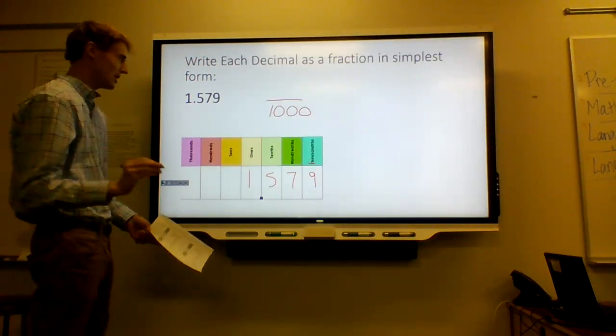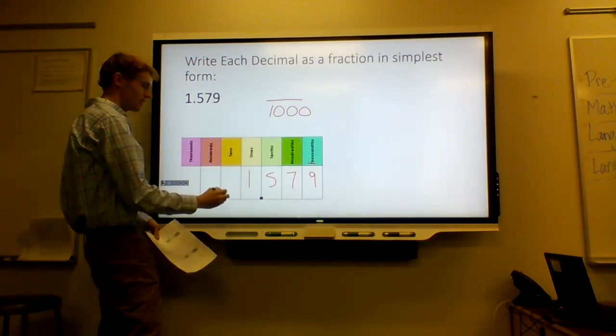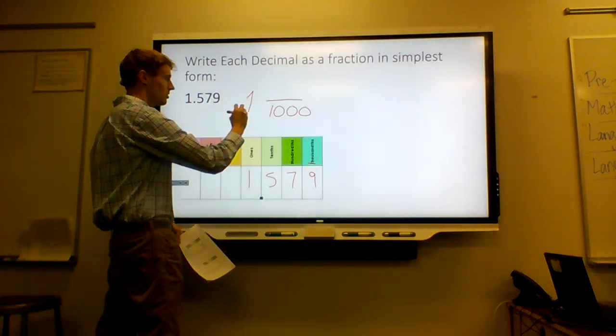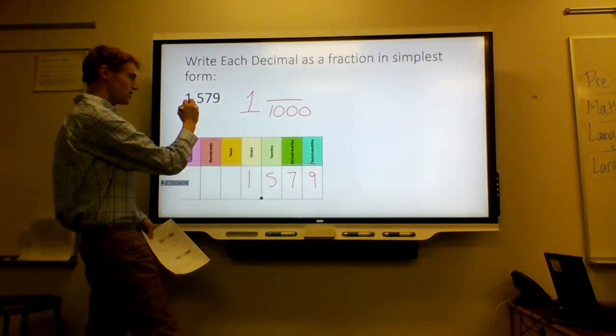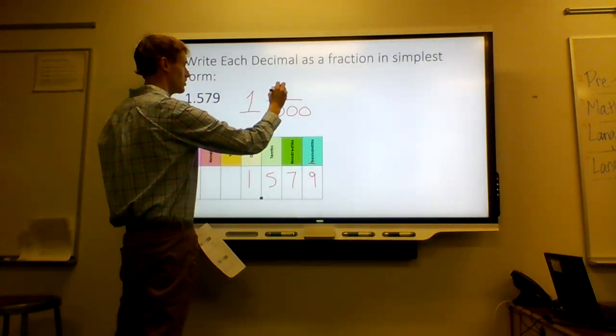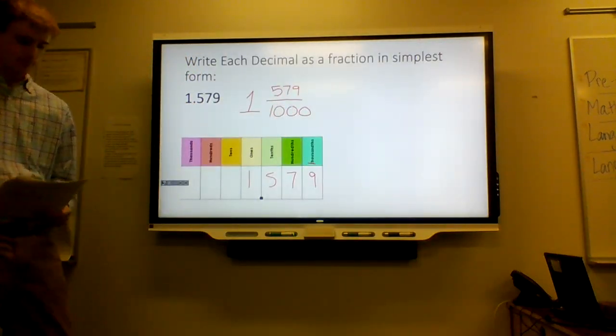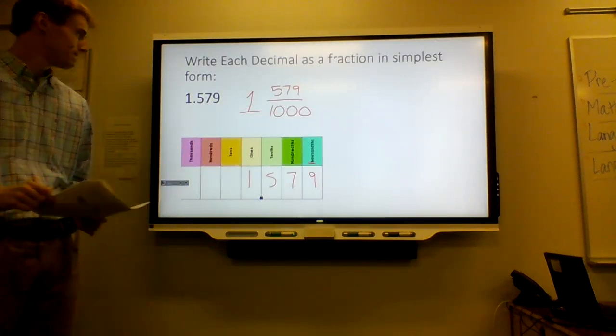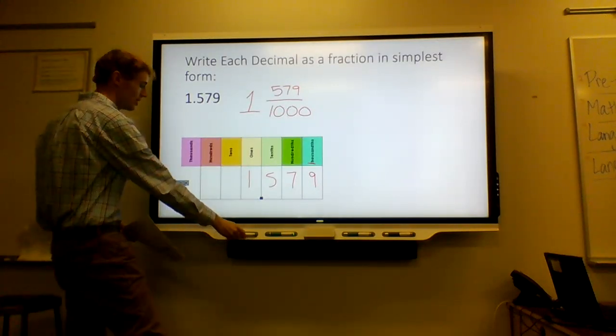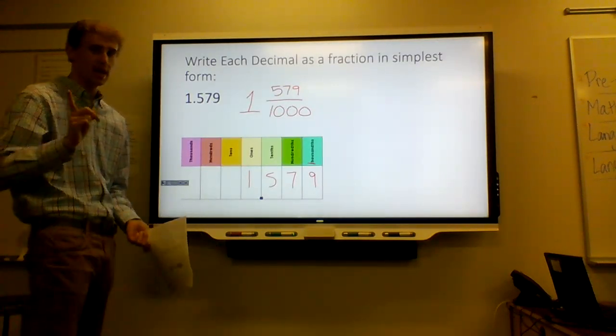And I remembered from the last slide that anything to the left of our decimal is our whole number. Anything to the right of the decimal is our numerator. So you get 1 and 579 1,000ths.